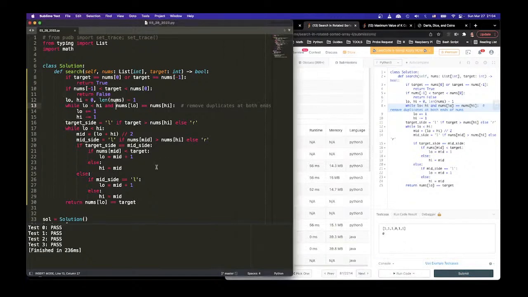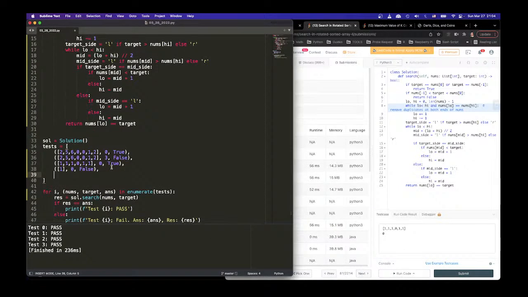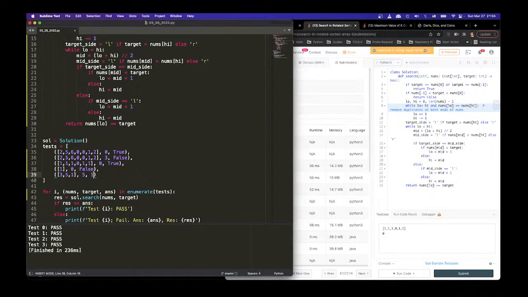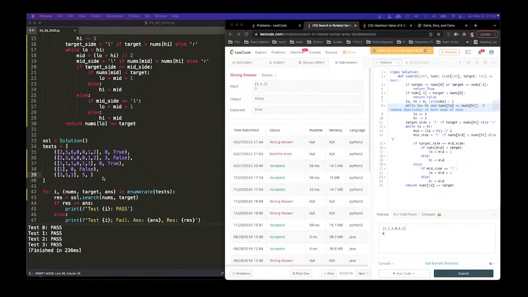Five. Yep, come back to the trial and error. The heck, shall be true.